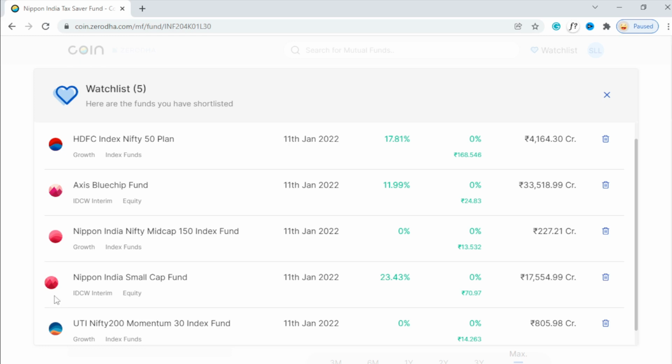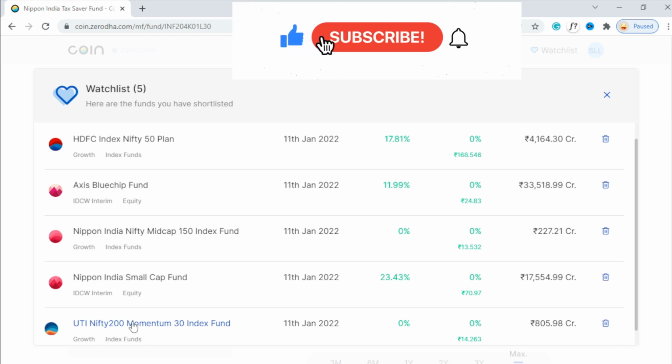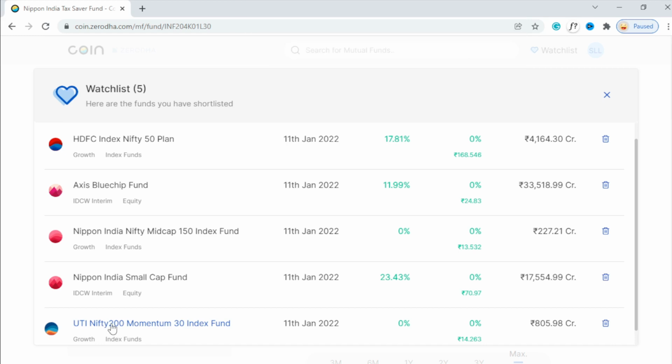And on an experimental basis, we are investing into UTI Nifty 200 Momentum 30 Index Fund. This fund has a strategy which UTI is following. They track only the top 200 companies, and every quarter they run a strategy and choose the top 30 companies, and they invest their money into only those 30 companies.